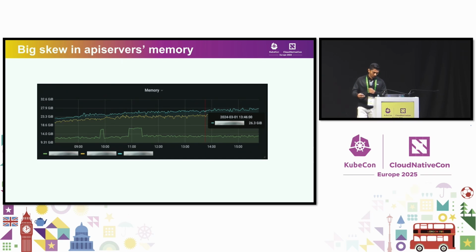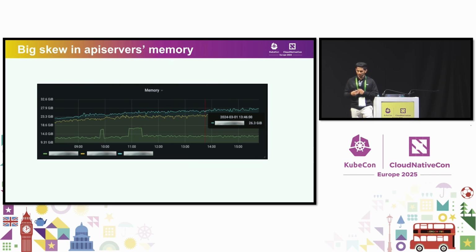Moving on, the second problem that we started observing in our fleet is that, again, we are looking at the API server memory utilization graph. And you can see that the blue instance is at a much higher API server memory utilization than the green one. In fact, the skew is big enough that it started creating problems for us.